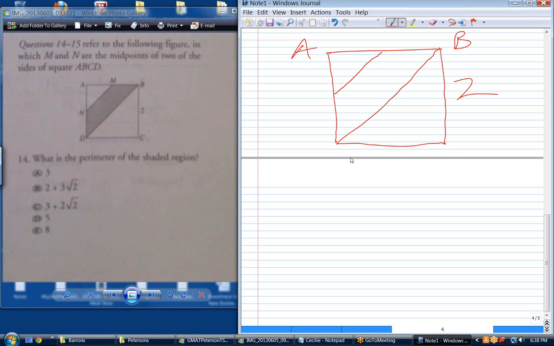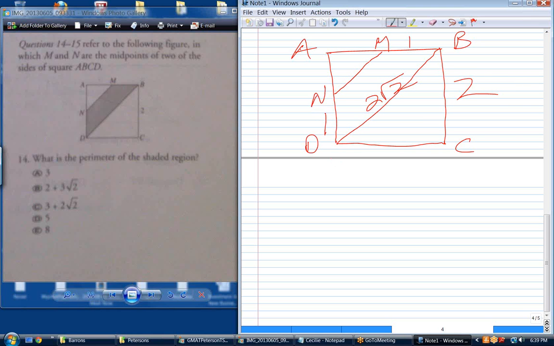It's 2 square root 2. Now let's examine this point. What is MB equal to? MB is 1. What is ND equal to? 1.